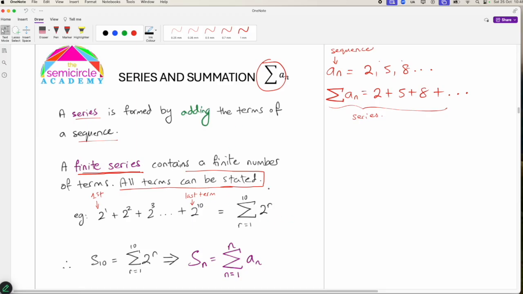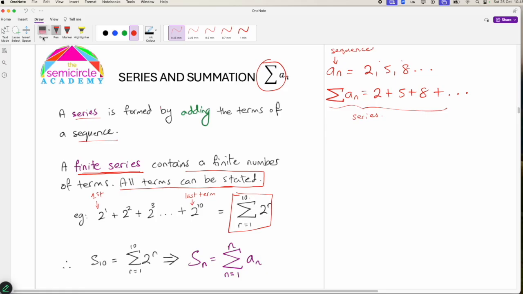And how we write that is we could say the summation of 2 to the r, or 2 to the n, or 2 to the i, or 2 to the p, whatever, when r goes from 1 to 10. And this is how we write this. You see this kind of notation a lot more when we start to use calculus.